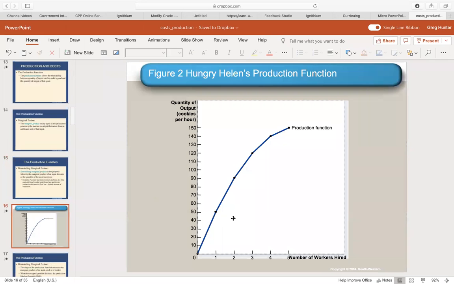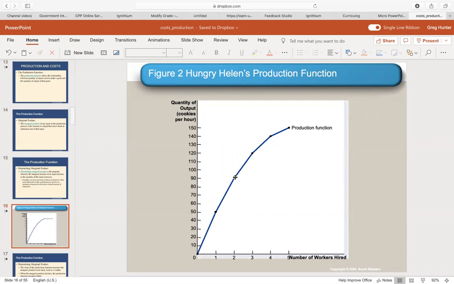So if we graph the production function for Hungry Helen's cookie factory, you can see the first worker, as we noted, brings 50 units of output or 50 cookies. The second one brings an additional 40, so we go from 50 to 90 in terms of total. The third one is going to bring, it looks like, an additional 30 units worth of output.